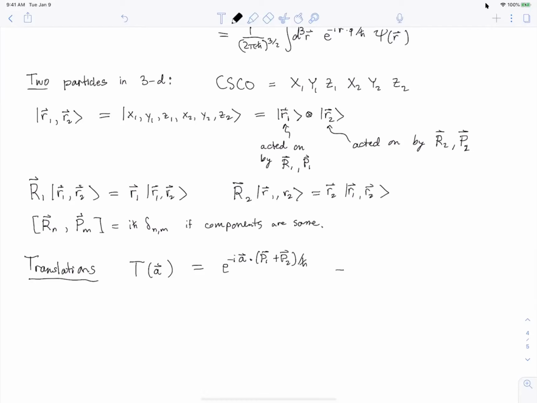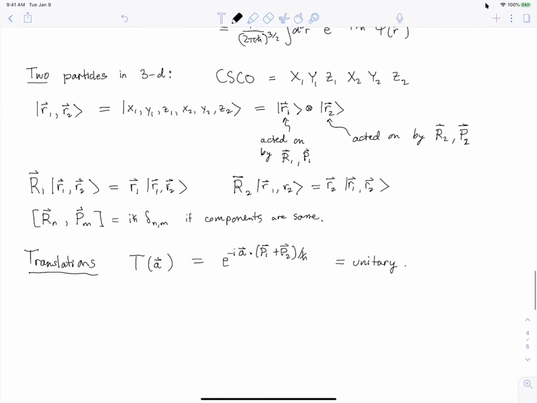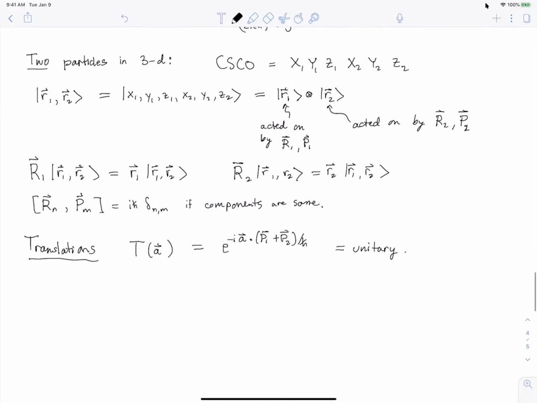So this is a unitary operator. And instead of translating you in x, it's translating you by some arbitrary vector A. And so the property that it obeys, acting on an eigenstate of the positions of the two particles, R1, R2, is it gives you back R1 plus A, R2 plus A. In other words, it just translates the positions of both particles by the same vector A.